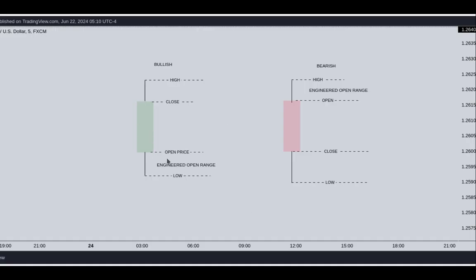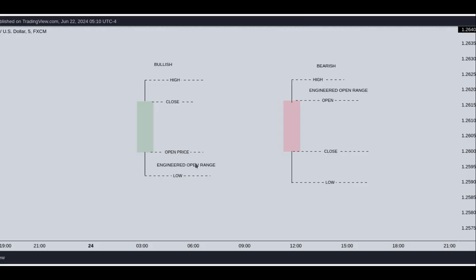Everything you seek is in these two candles. The first one is the bullish candle and the second is the bearish candle. On the bullish side, we want to mark the opening price of that candle. From the open price to the low, this is our engineered open range.